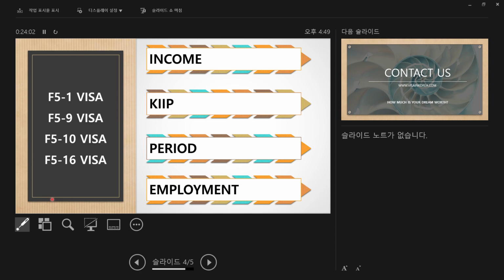F5-1 needs 5 years, right? But if you apply for that, you don't need 5 years. You just have to prove that you have stayed here more than 3 years from the acquisition date of the F2-7 visa, right?